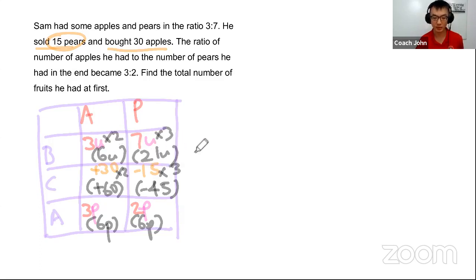Now, this is step 1, which I promised and we did earlier. And you know that you have to go through step 1 before you can go to step 2. Step 2 will be writing down the equations.